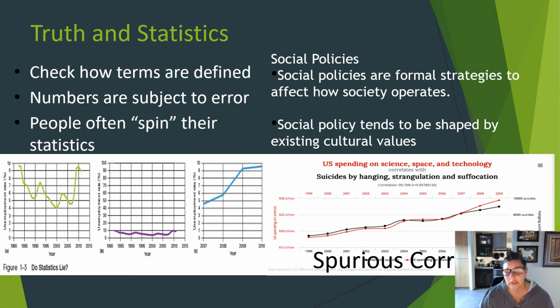But a spurious correlation is one that is usually completely unrelated, but it looks like it's very related. The most famous example that you're always going to get from teachers is the correlation that as ice cream sales increase, crime increases. Now, does eating ice cream cause crime to increase? No, absolutely not. The variable in between those two is weather.